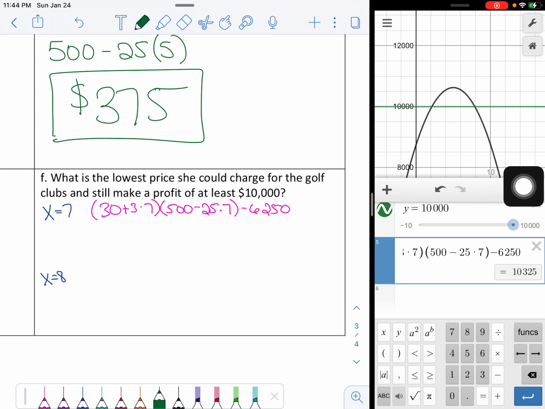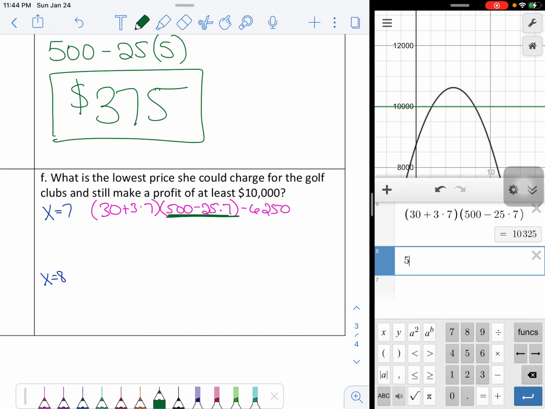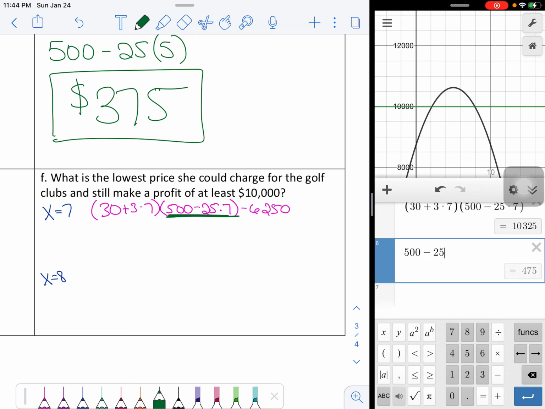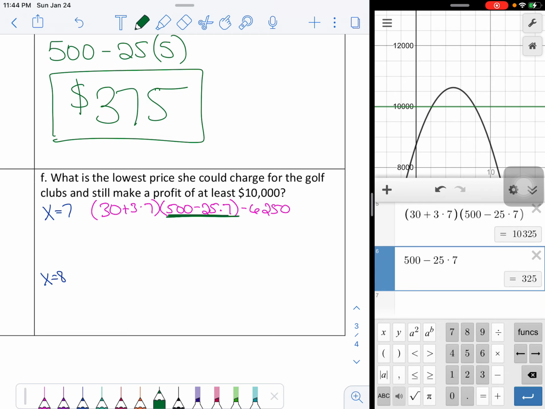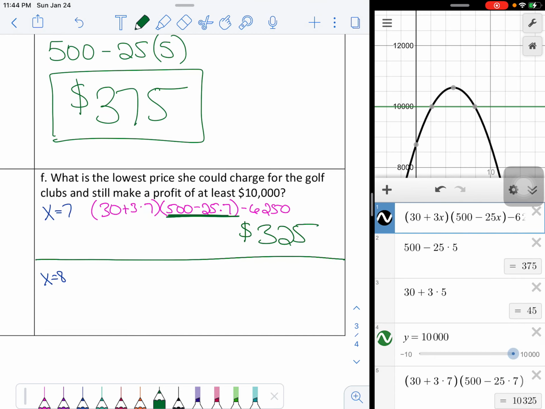So the price part of this is just this piece right here, the 500 minus 25 times 7. So at this point, I'm pretty certain she could probably charge $325.